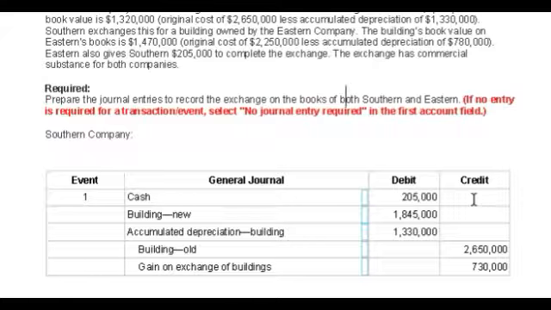Since the accumulated depreciation usually sits on the right hand side, right, since we have to get rid of it from our books, we'll put it on the other side, the debit side. That way they will offset each other and zero out. So by making these two journal entries, we got rid of our old building and old accumulated depreciation. The only thing that's left to do is the gain or loss calculation.